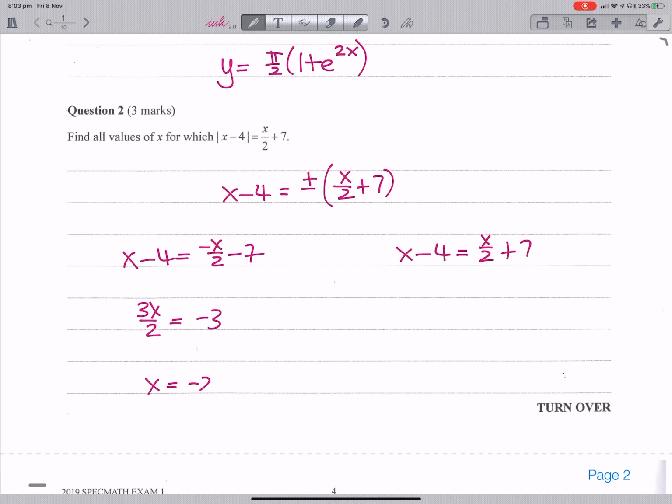X is equal to negative 2. I'm just thinking, is there some little trick here or something? X on 2 is equal to 11. X equals 22. Very easy for 3 marks.